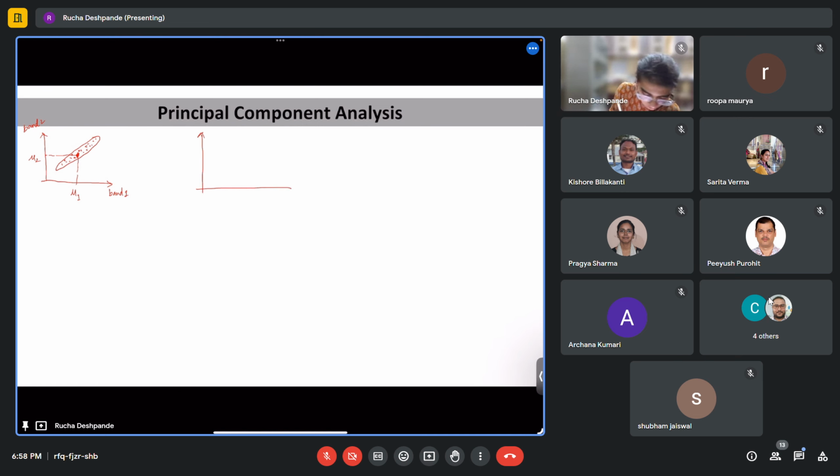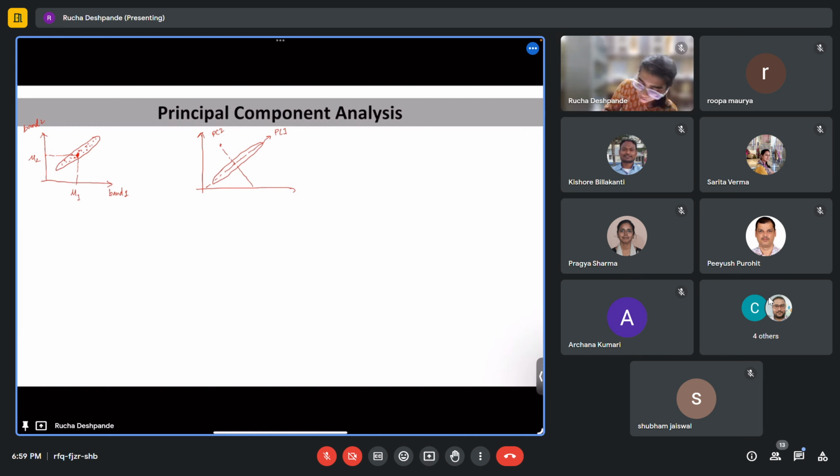So this would be the direction of first principal component, and this would be the direction of PC2. So when we change the coordinate system in this reference frame, the dataset would not be correlated.